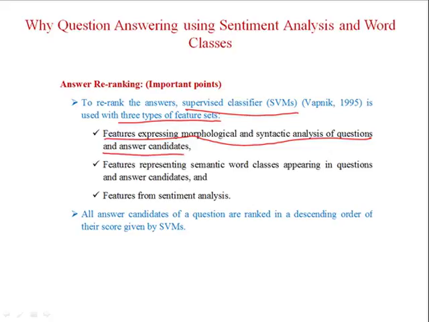The second contains semantic word classes appearing in the questions and answer candidates, and the third contains sentiment analysis. After that, SVM means learning to rank. It uses learning to rank the candidate answers. All answer candidates of the questions are ranked in descending order of their score given by SVM.